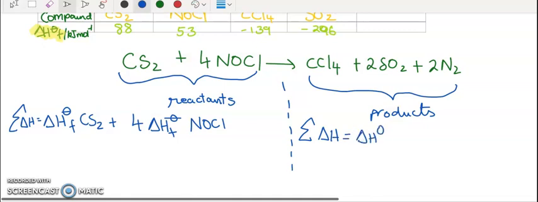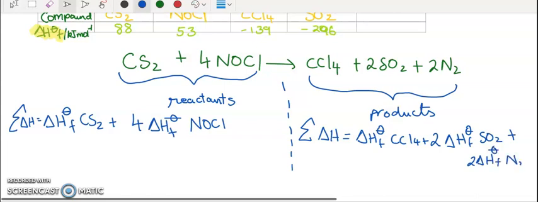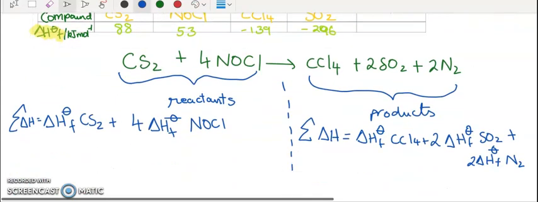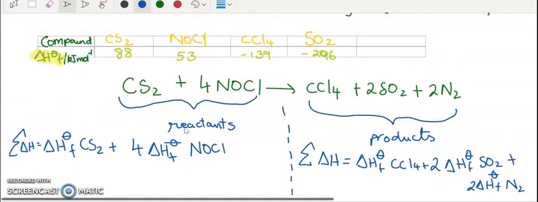We're going to form this the same way: CCl4 plus, don't forget the number that's right in front because that's very important for these types of calculations, SO2 plus, I'm going to have to do this down because I don't have space, N2. So now we have CS2, we have the data for that, and we also have the data for NOCl.